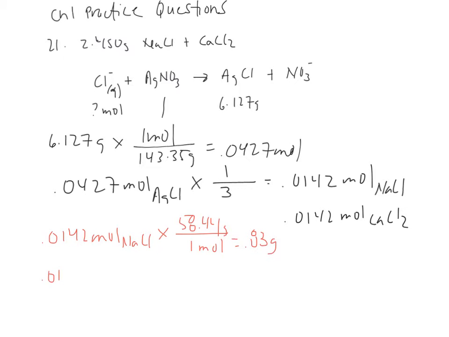And then I do the same thing, 0.0142 moles of CaCl2, and this weighs quite a bit more, 110.98. And so this is going to be 1.58 grams. And if I add this together, I get 2.406 back.